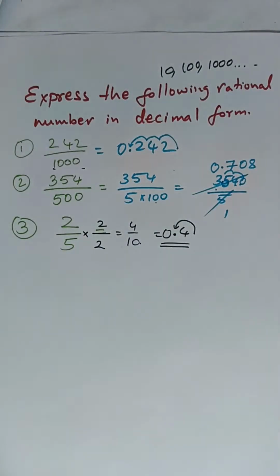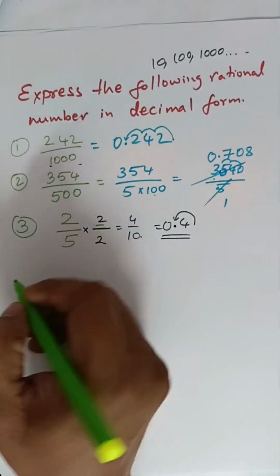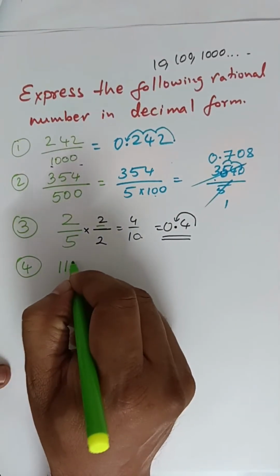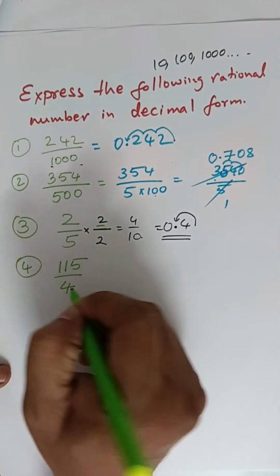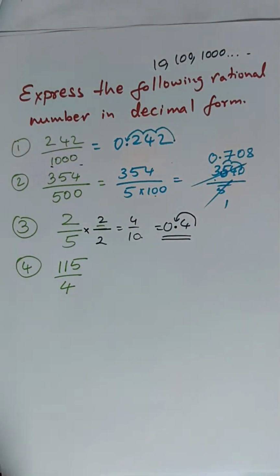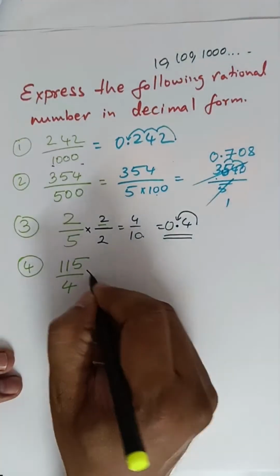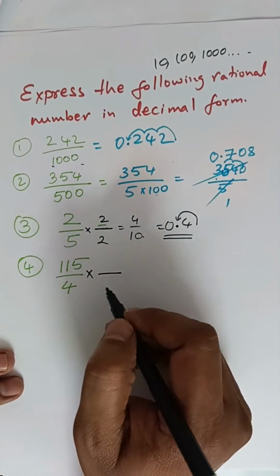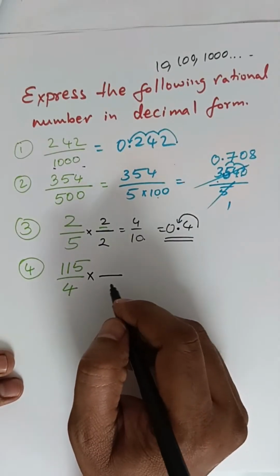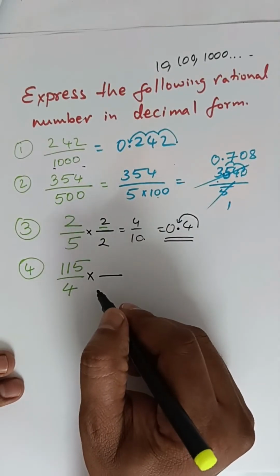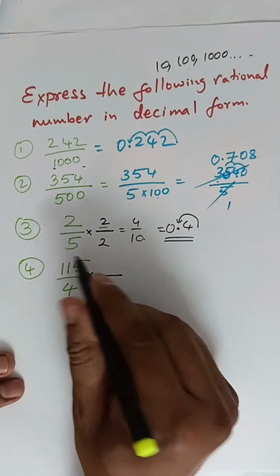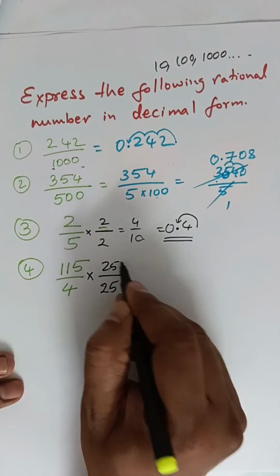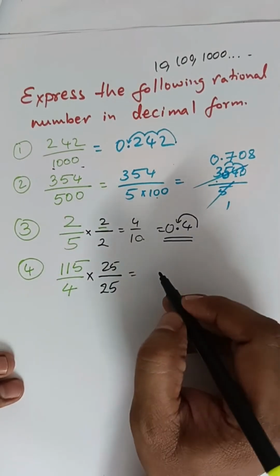Next question. This one you will understand if I explain the next one. 115 by 4. What will you multiply so that you can make it 10 or 100? You can multiply by 2.4, but it's difficult here, so better multiply by 25.